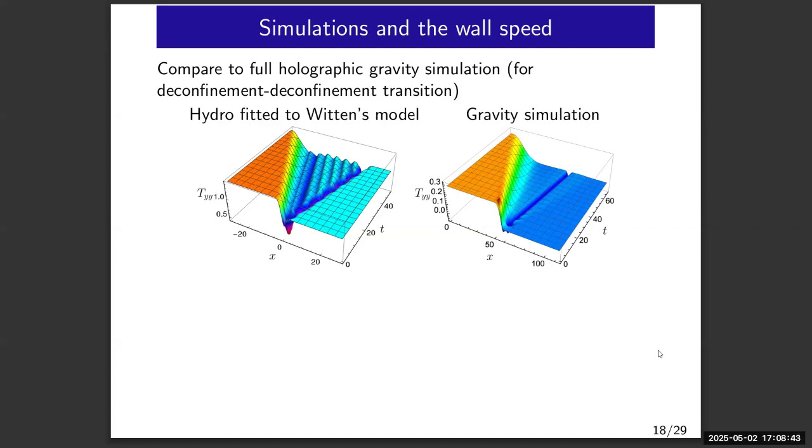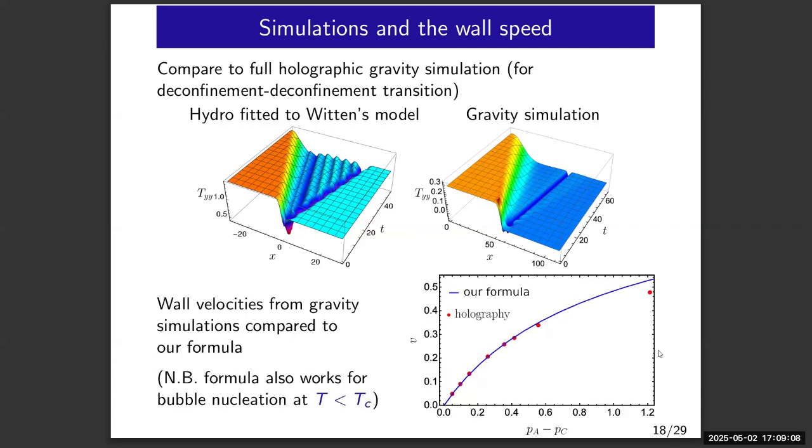And indeed, here I plotted the pressure as a function of the position and time again, and you see that the pictures are very similar, apart from some wiggles here in the Witten model, which might be due to the fact that there's no dissipation in our perfect fluid model, whereas in the full gravity simulation there is.